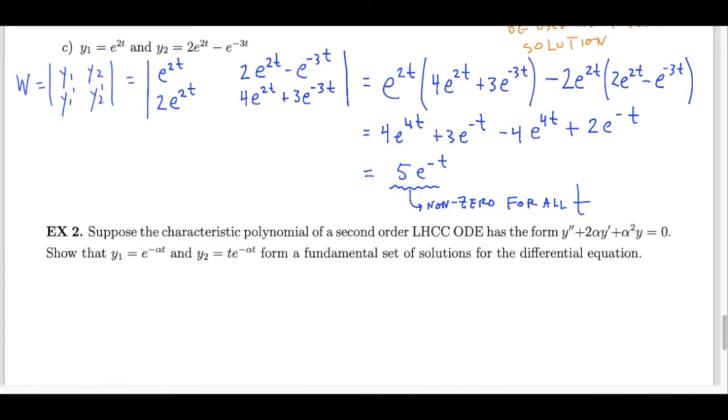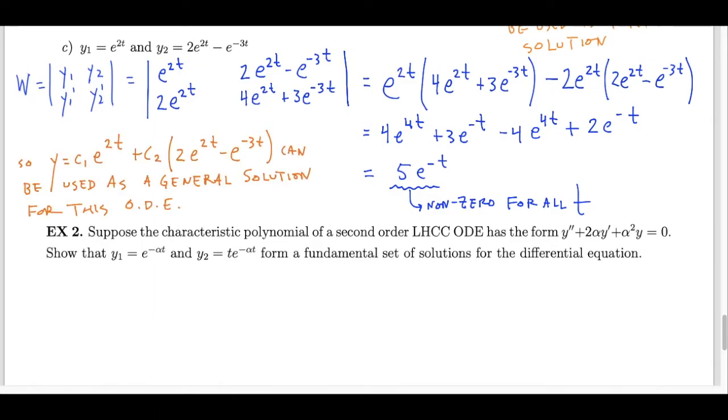And if I want to, I can use those two functions to build a general solution for my differential equation. Now this is not the general solution that I would typically use, and in practice this general solution would be a little bit more complicated than necessary, but the purpose of this example is to demonstrate that there could potentially be multiple general solutions for a single differential equation, and the way that we test is by checking the Wronskian of the building block functions.